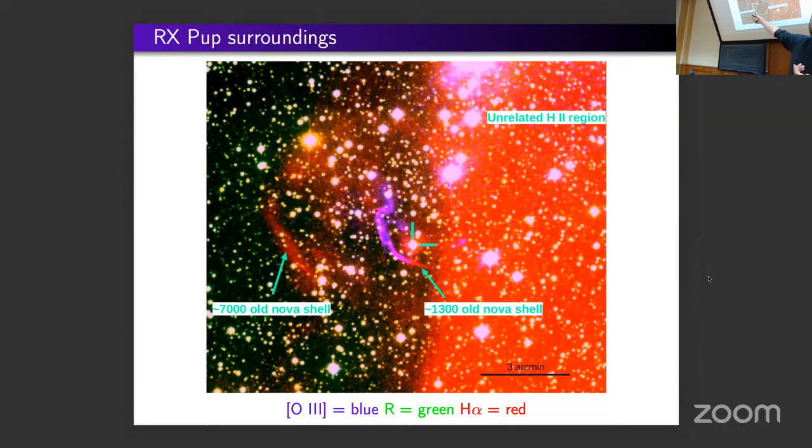Based on that, we think it's an even older nova shell, and assuming the same expansion velocity, this is 7,000 years old. Unfortunately, this arc is too faint to get any spectroscopy. So I assume this is another nova shell, but to really prove that it is, we need spectroscopy, so a bigger telescope than 10 meters, probably.